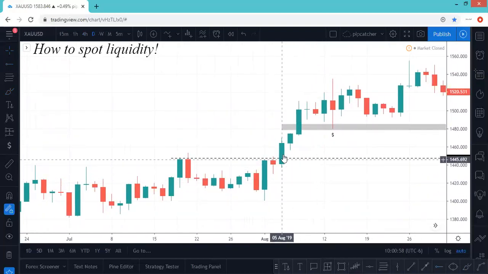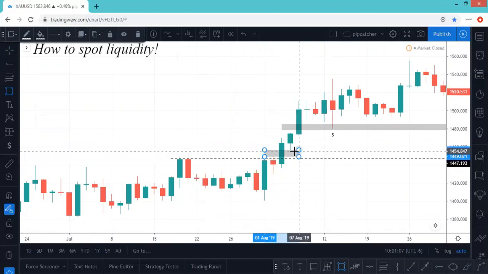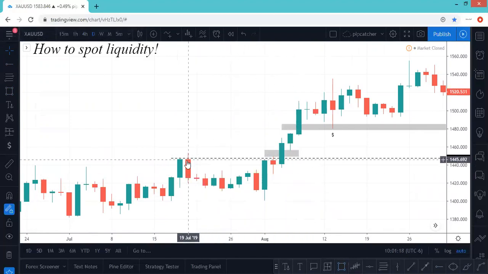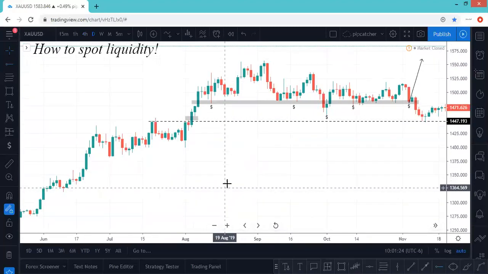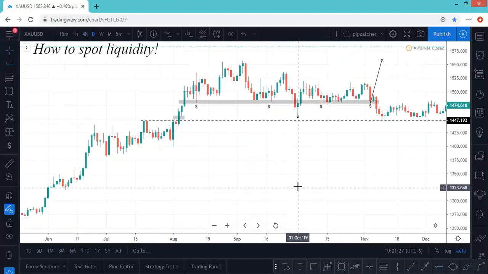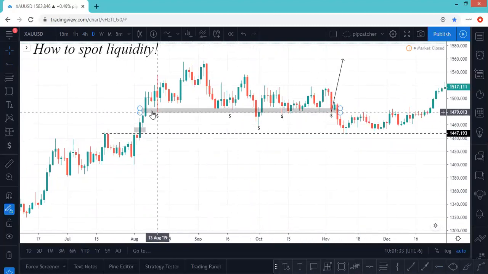When this candle shot up, one, there was an inefficiency in price. You can see right here that only buyers were offered in the market, and at the same time there was this break of structure. So as price starts to form itself, we can start to see this strong support.